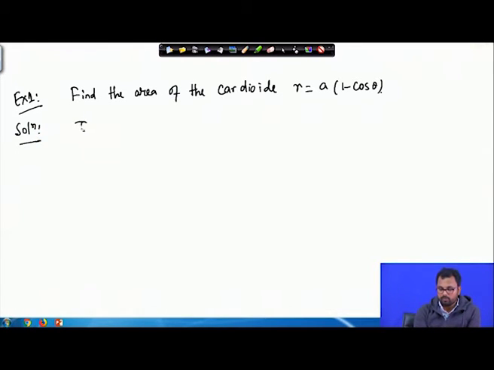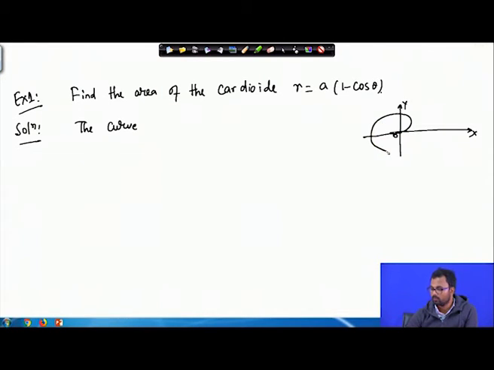So the curve, first of all, if we draw a cardioid, I am pretty sure you may have seen the figure for the cardioid before. It looks something like this. All right, so that is the origin.